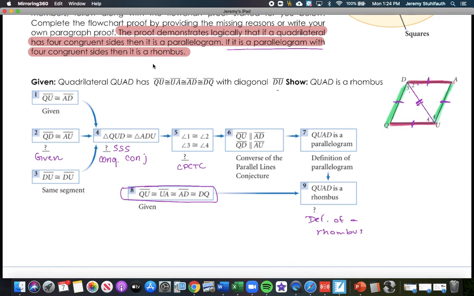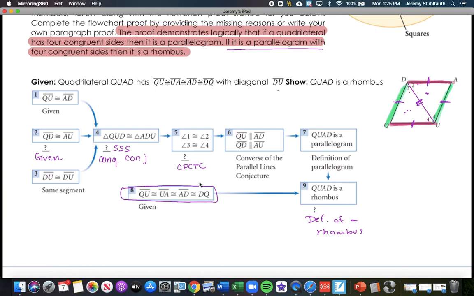Okay, and I forgot to share that screen back, so I'll pause here for a second while you write down what we had. Again, we used what we were given, and we're able to show that these two triangles that we have over here were congruent using the side-side-side congruence conjecture, which then allowed us to show that these angles 1 and 2 and 3 and 4 were congruent because of CPCTC.